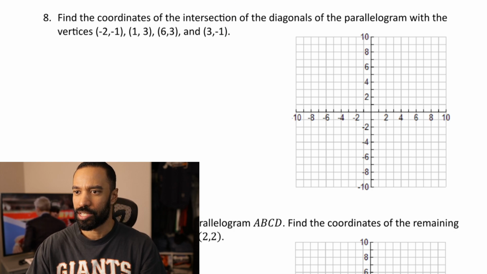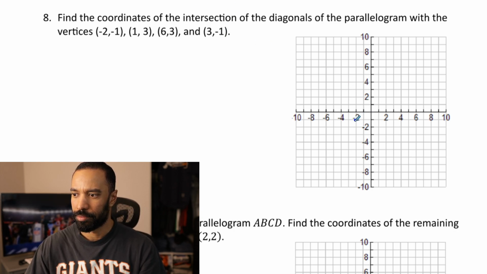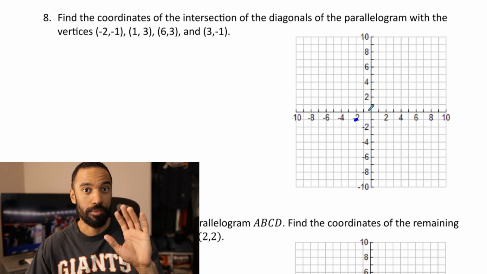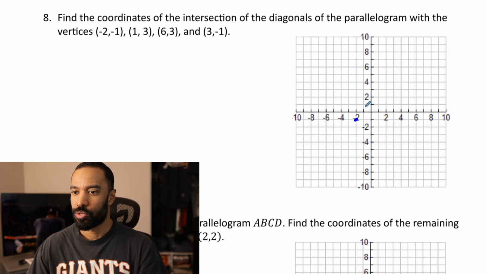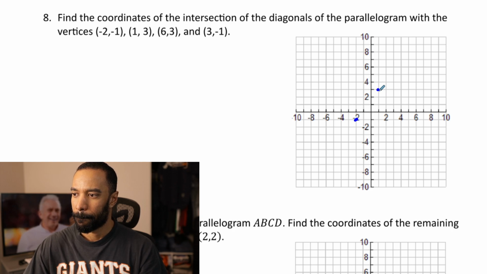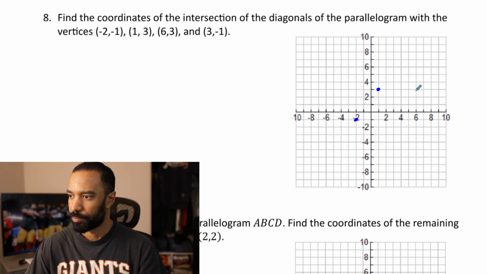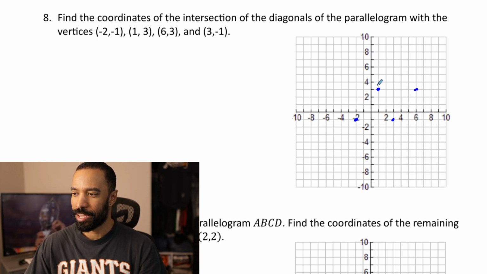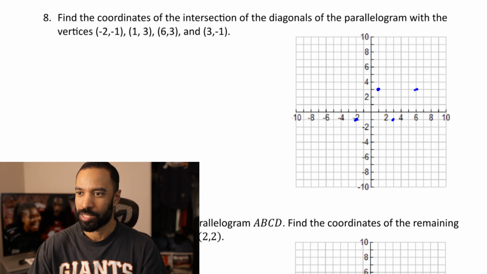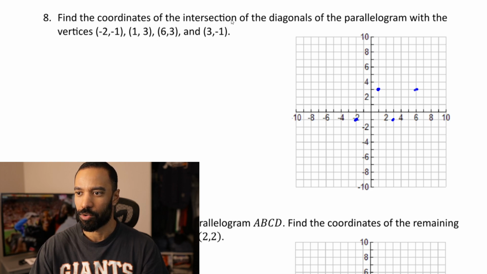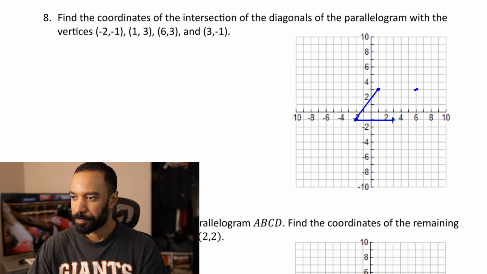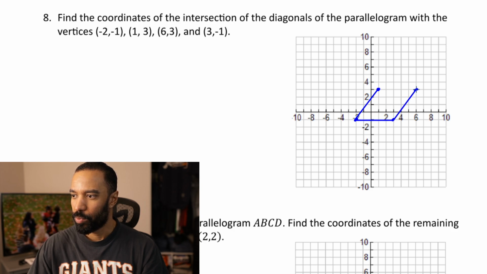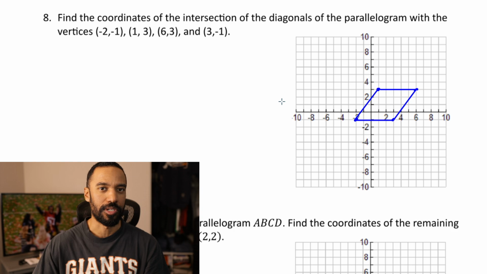Now, here are the vertices that they give us, -2, -1. And by the way, they are concurrent at the same midpoint. -2, -1, 1, 3, 6, 3, and 3, -1. And this is a fine parallelogram, as you have a set of horizontal lines. That's always better to work off of. But we are referring to diagonals, so I don't know how much that's going to matter anyway.